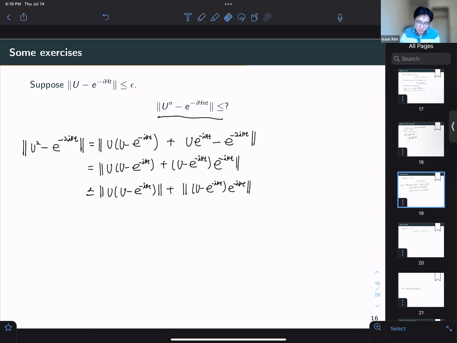And then what do we notice? We notice that we can use the fact that the operator norm is sub-multiplicative. Fancy way of saying this inequality.